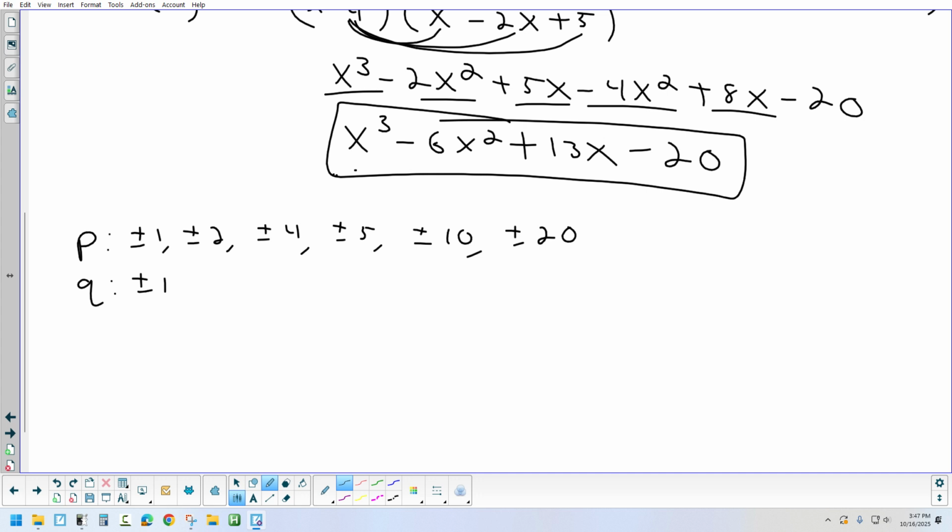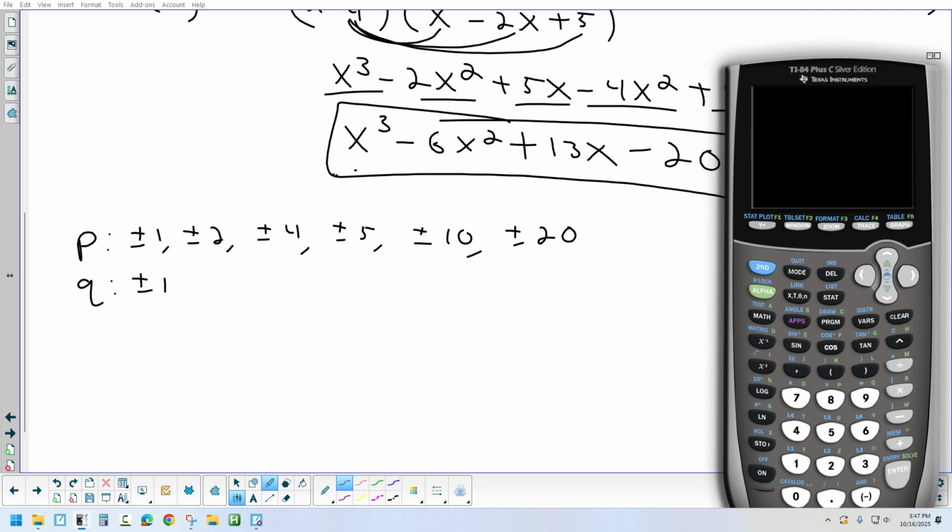So if this is going to cross the x-axis at a nice number, it has to cross at one of those 12 numbers. So I need to look between -20 and 20. And now at least I have an idea of where to look. Okay, it's got to be between -20 and 20. So let's graph that.